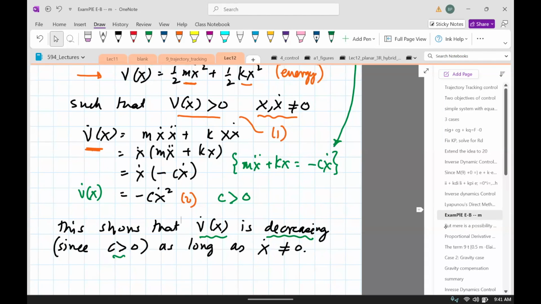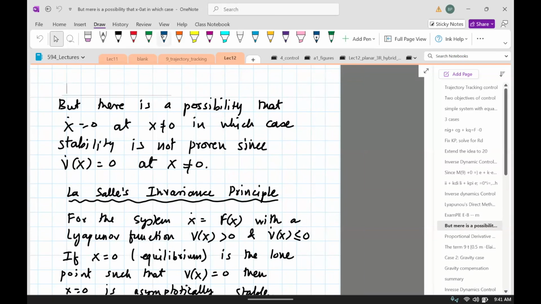There is, however, a problem with this. We have shown that V dot of x is minus c x dot squared, which is clearly less than or equal to 0. It is actually 0 when x dot equals 0, but it may be equal to 0 when x is not equal to 0.